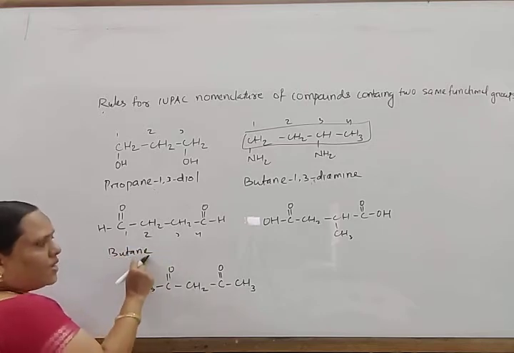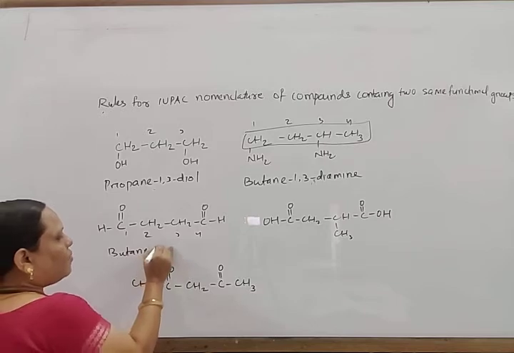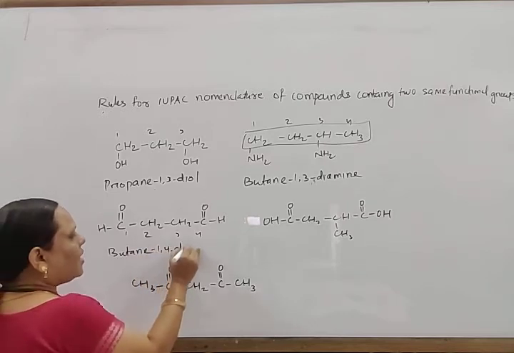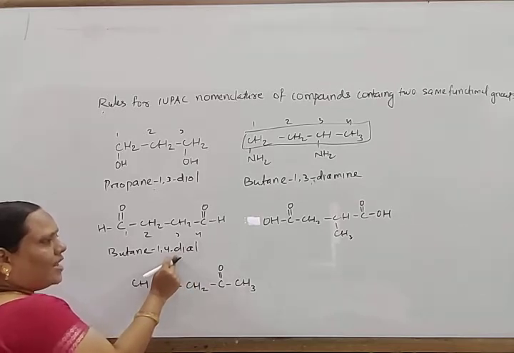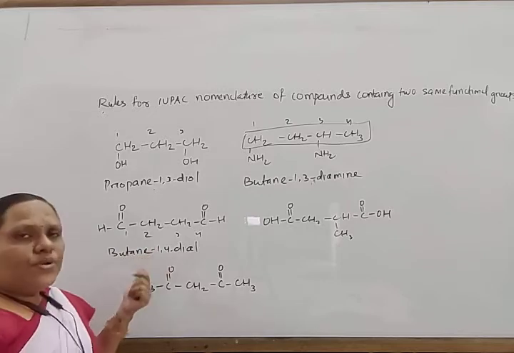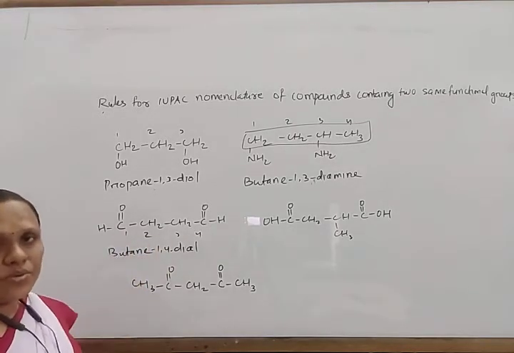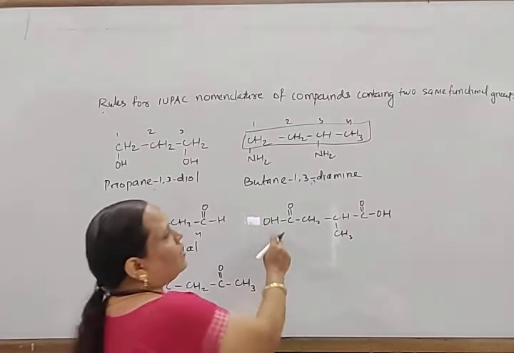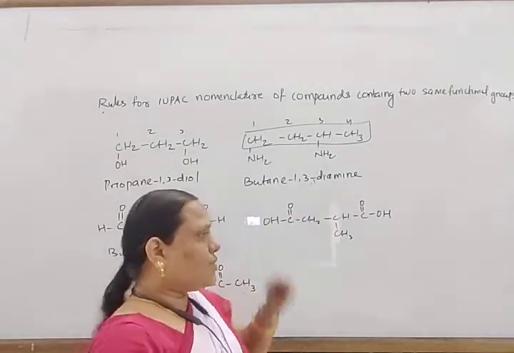The complete butane I have to write. The E should be written here. Butane-1,4-dial. Before writing AL, I have to write di. Okay. So this 1, 4 you may or may not write because these are always the terminal positions. But for alcohol and amine you have to write the position.